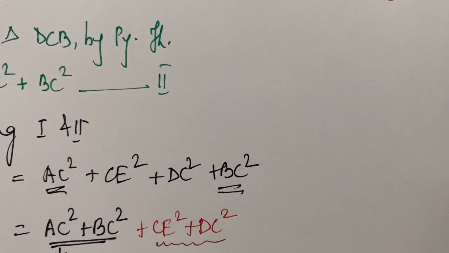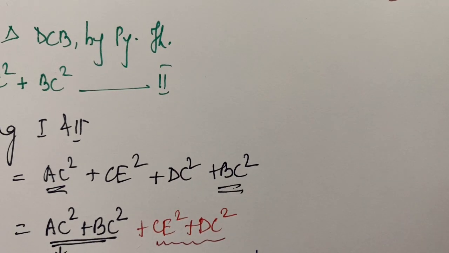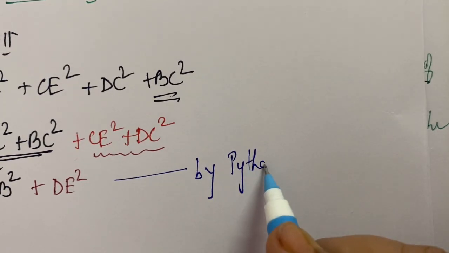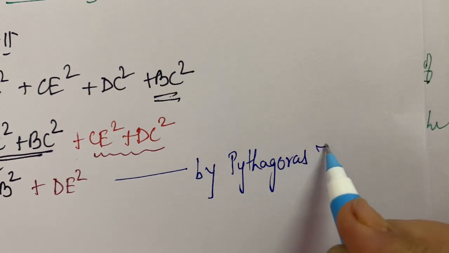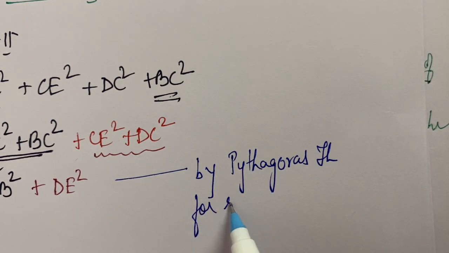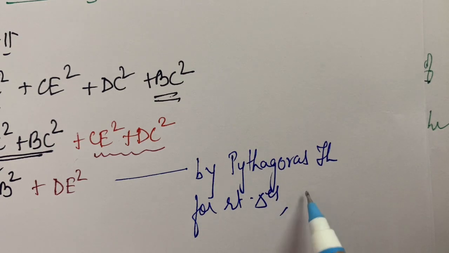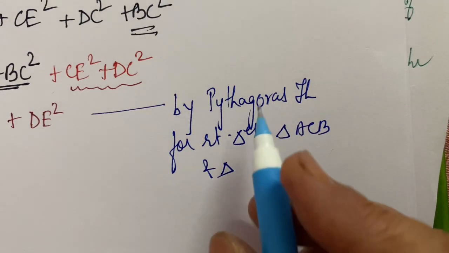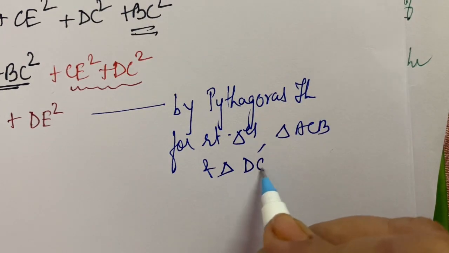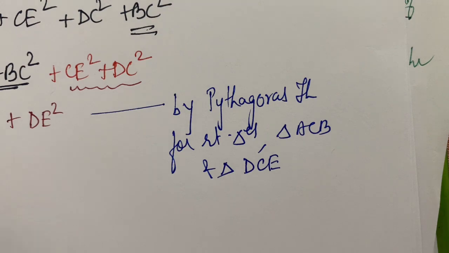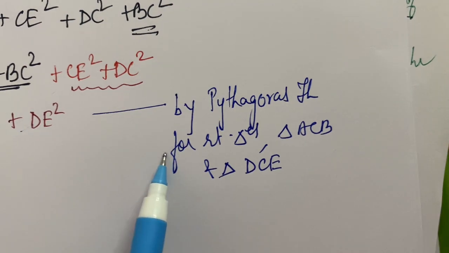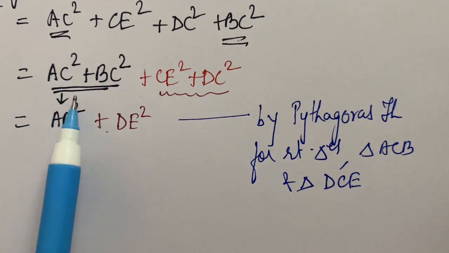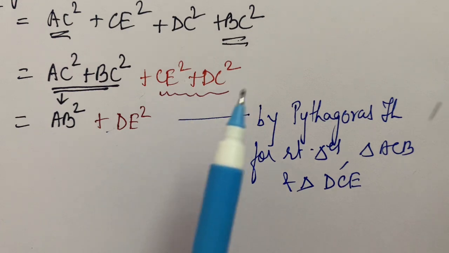Reason you will write: by Pythagoras theorem for right triangles, triangle ACB and triangle DCE. Getting that? You have written this result, AB square plus DE square, using Pythagoras theorem for triangle ACB and triangle DCE.